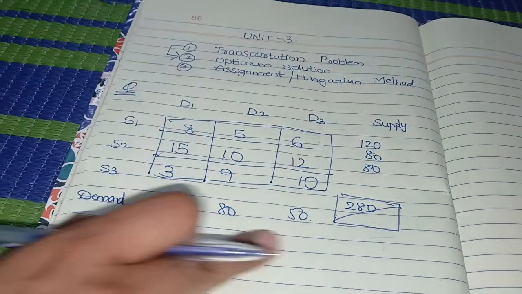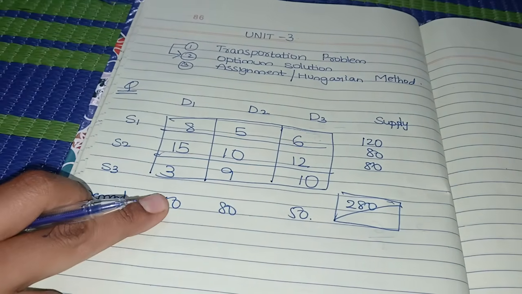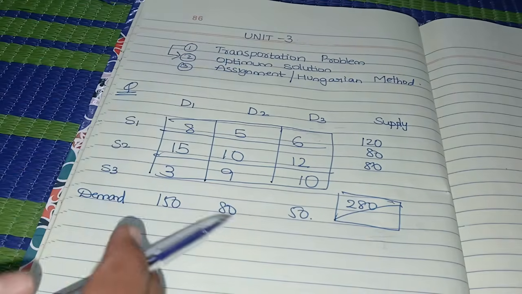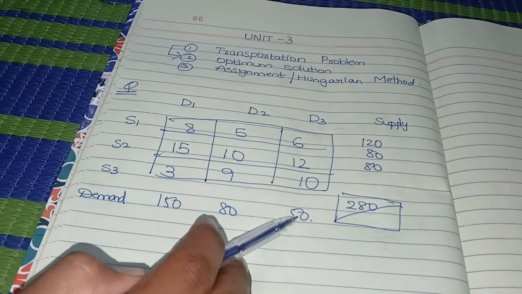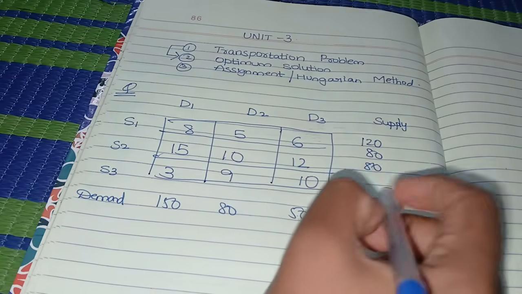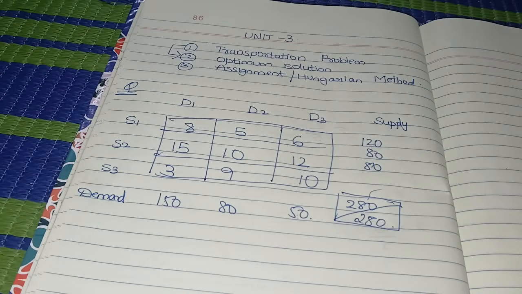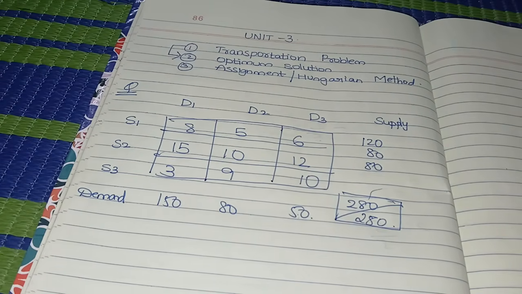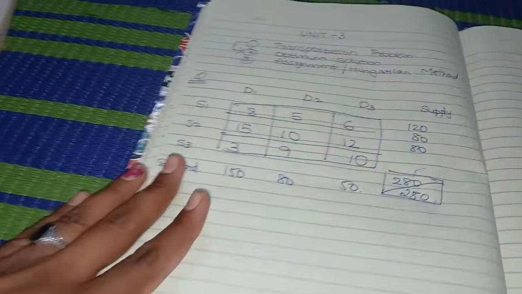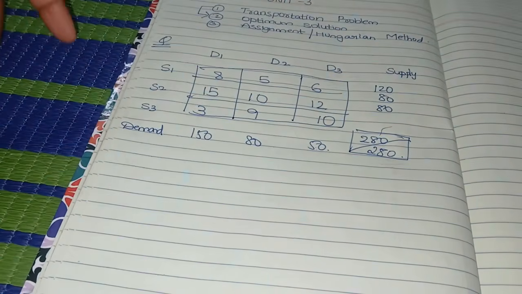So here the demand should also come to 280. 150 plus 50 is 200, 200 plus 80 is 280. Like this you need to consider the question in the balanced way. In transportation, this is the first thing you need to check in any method.